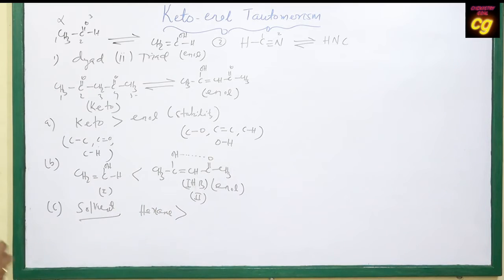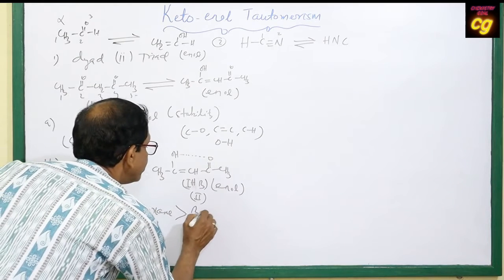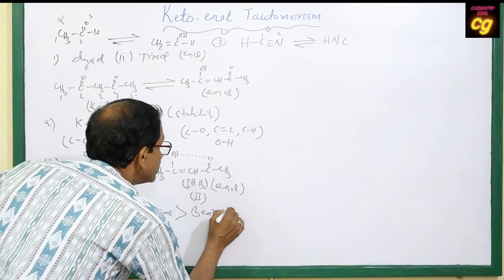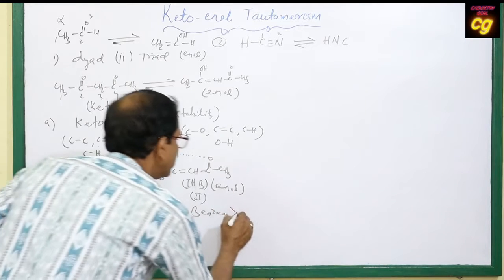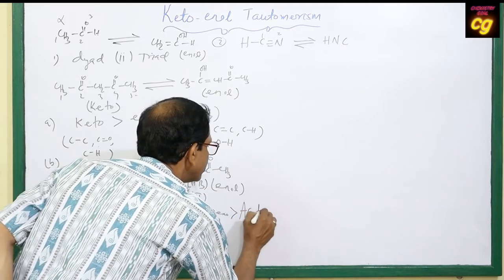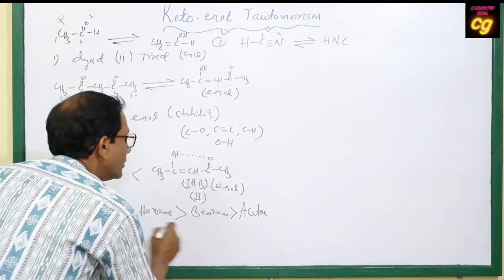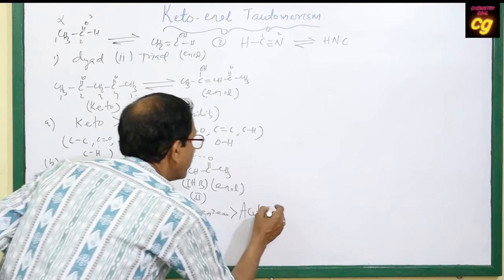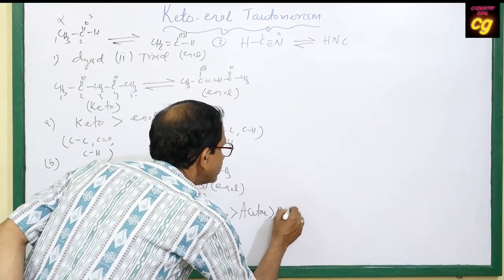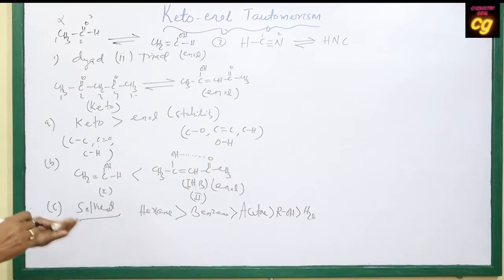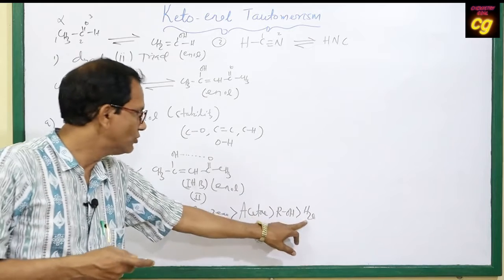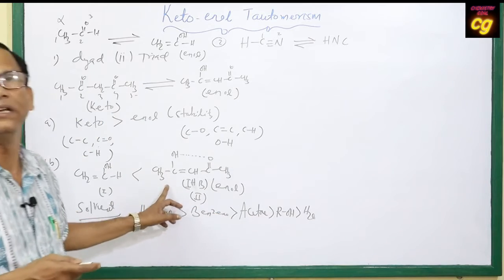In the case of hexane, then benzene, then acetone, then alcohol, then water. So in the case of water, the stability of enol is very less.